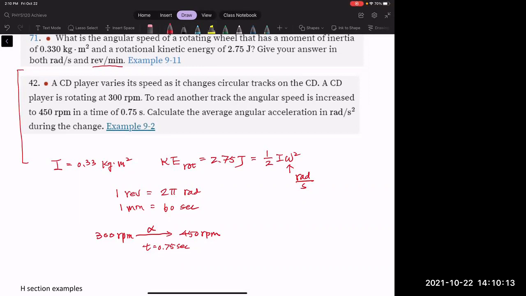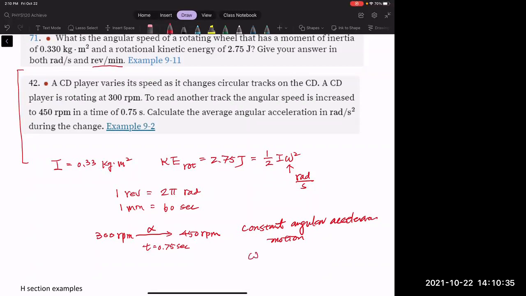You can assume this is going to be a constant acceleration motion. If so, you have an equation very similar to linear motion.